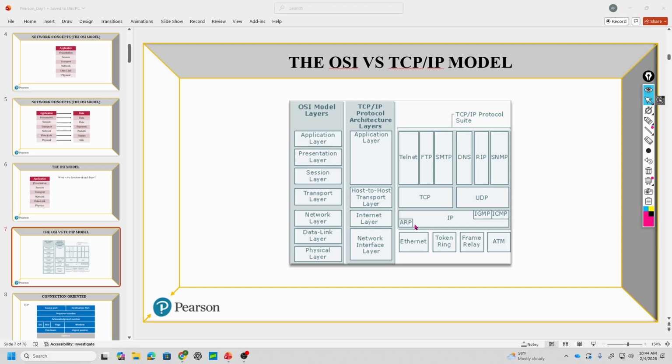Now we get down here to layer 3, or the network layer, which is our IP layer. You can see we got a couple different things operating kind of between the layers. IGMP is the Internet Group Message Protocol, and ICMP, or PING, right, the Internet Control Message Protocol. And then ARP. ARP is operating kind of between layer 3 and layer 2 because ARP is the Address Resolution Protocol. Basically says, I have an IP address, I need your MAC address, okay?